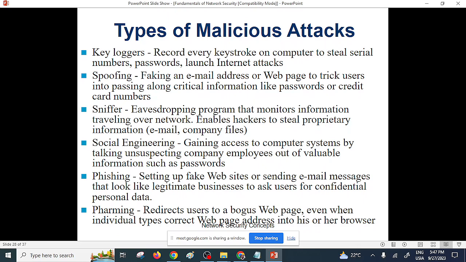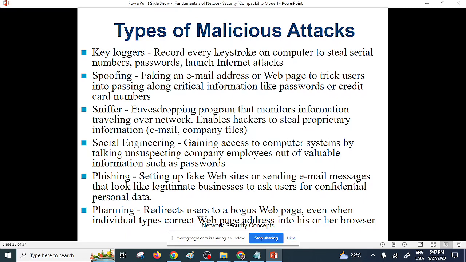You know what keyloggers are: monitoring, capturing, or stealing whatever you're typing. They can always record. Spoofing is faking of an email address. You think that this email address is coming from KCA. If you look at it carefully, it's coming from a different user. Maybe someone has just introduced a single character.